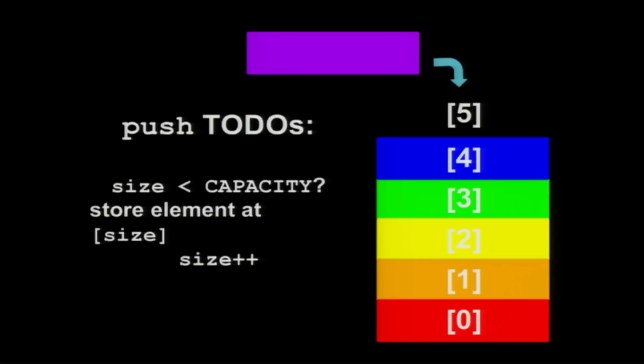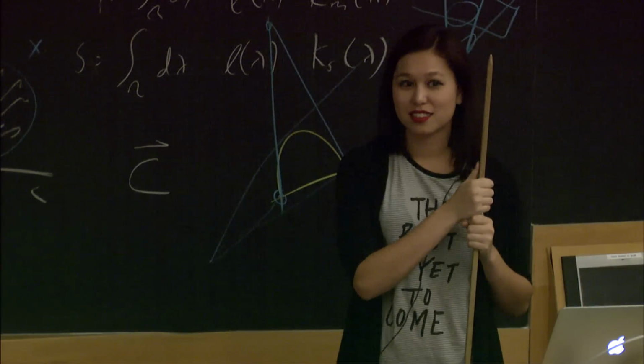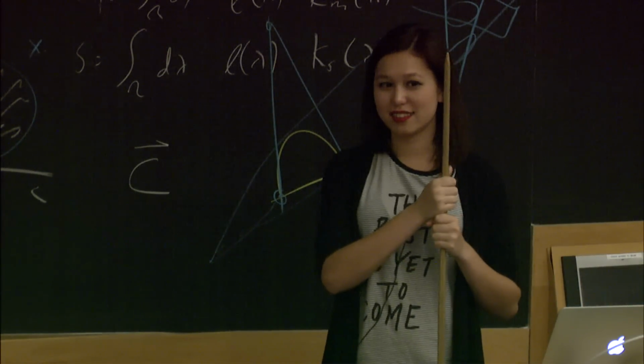So if we were trying to pop something off the stack, what might be the first thing that we want to check for? You're trying to take something off your stack. Are you sure there's something in your stack? No. So what might we want to check? Check for the size.